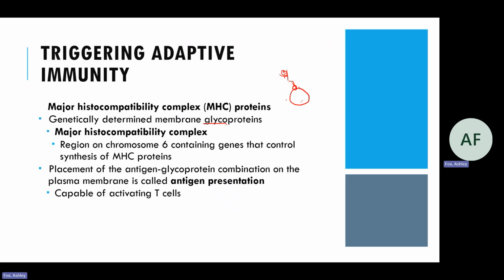This is where antigen presentation occurs. And most antigen presentation, we're going to talk more about when we get to T cells. It's going to be very important with T cells because they're fighting against intracellular issues and cancer cells. So they need that communication to know what's going on inside the cell. Without that communication, it doesn't know what's happening inside the cell.